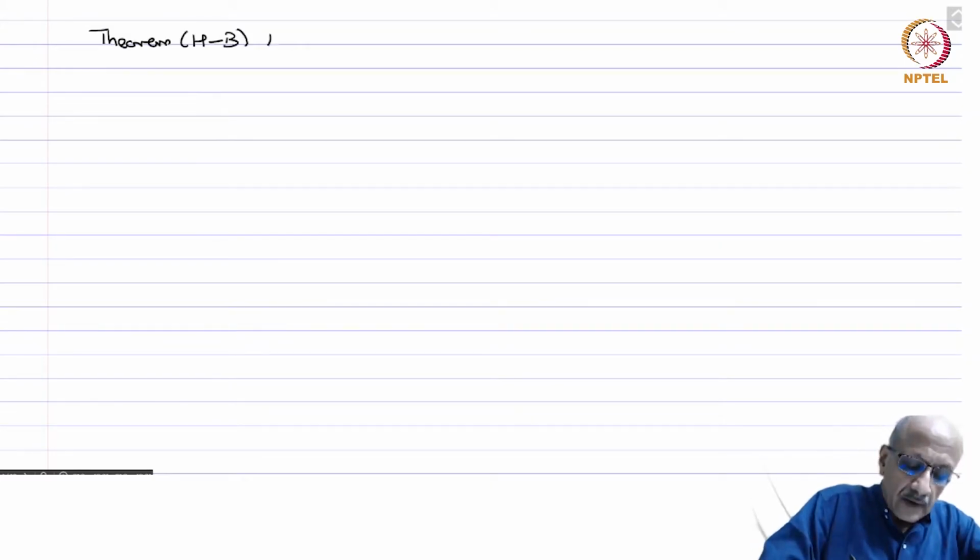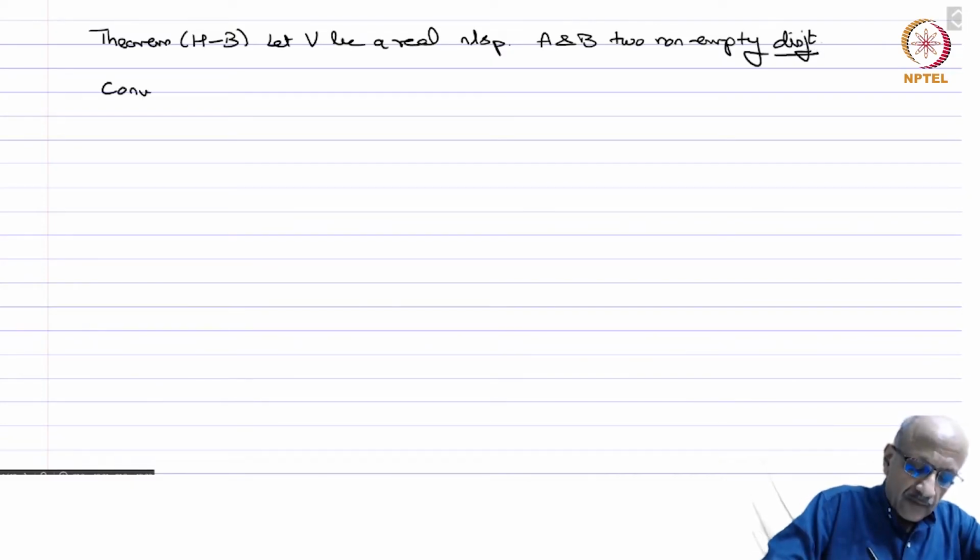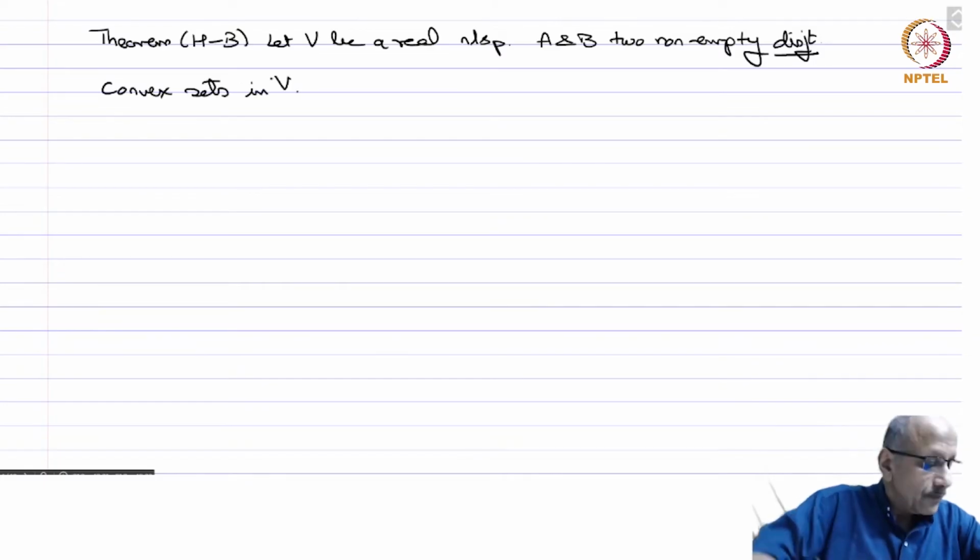Let V be a real normed linear space, A and B two non-empty disjoint convex sets in V. Let A be open.